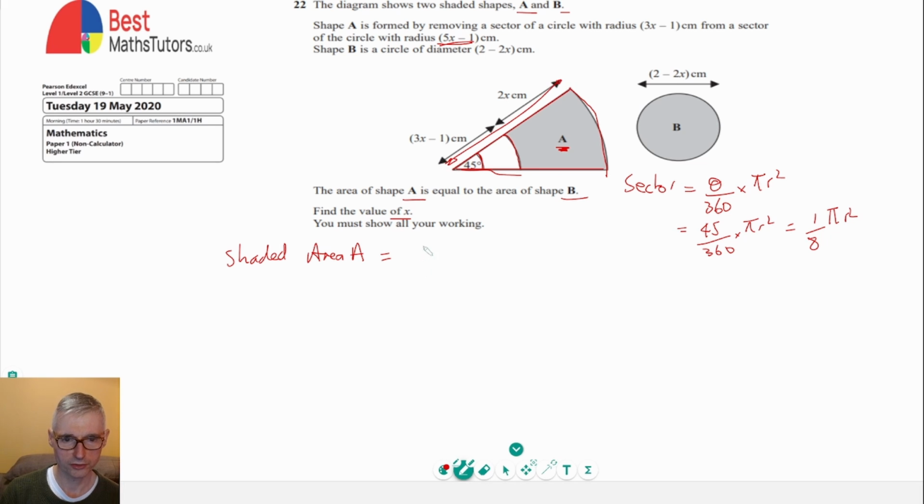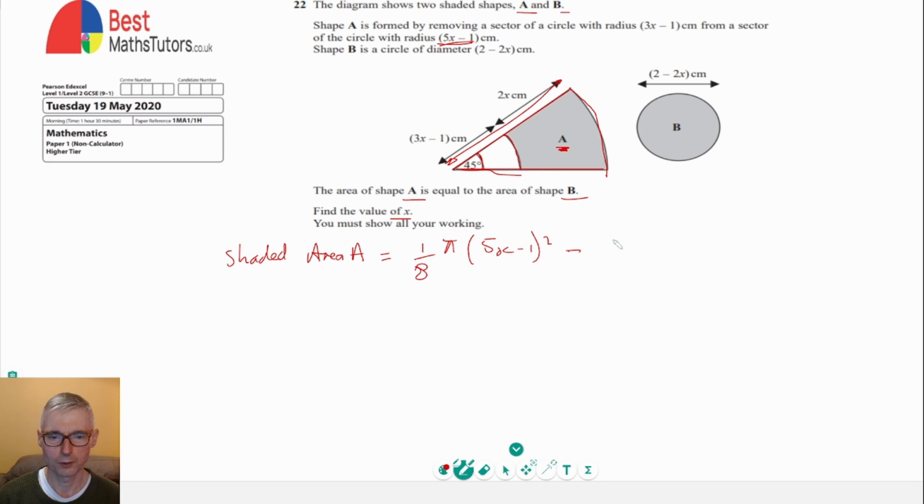So we can say it's going to be 1/8 of pi and then 5x minus 1 all squared, because it's r squared there. And then from that, we're going to subtract 1/8 again of pi, but this time using the 3x minus 1, which is the area of the smaller sector. So 3x minus 1 all squared.